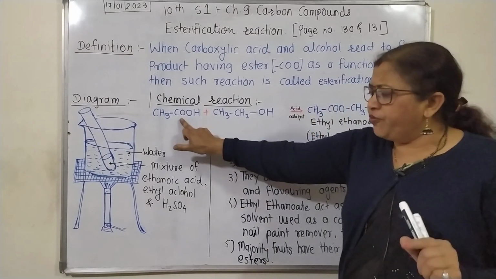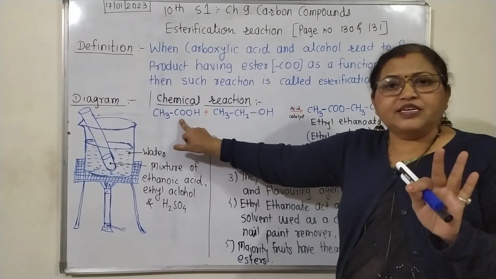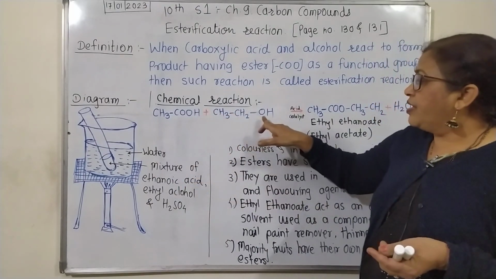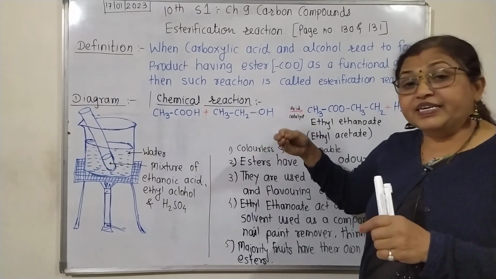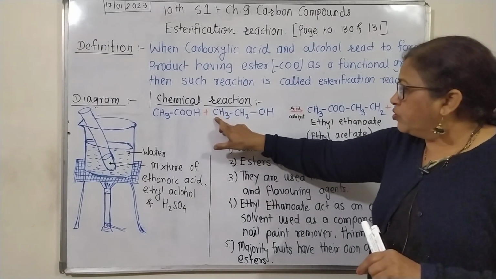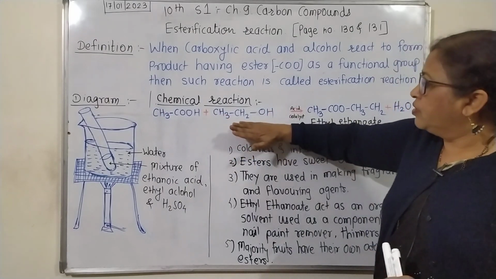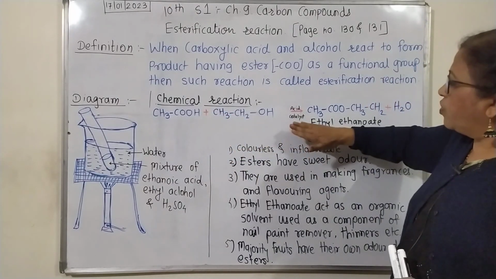Very easy if you are able to remember. Ethanoic acid CH3COOH is the carboxylic group acid है वो. यहाँ पे OH आया है, that means alcohol आया है, but it is ethyl, so 2 carbon atoms should be there, so CH3CH2OH. These two are reactants when they reacted in presence of catalyst.